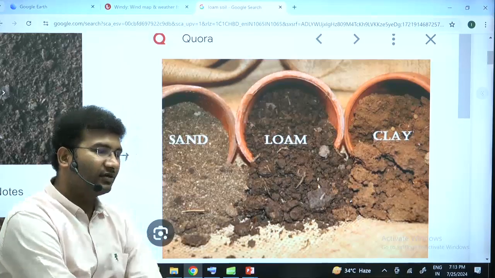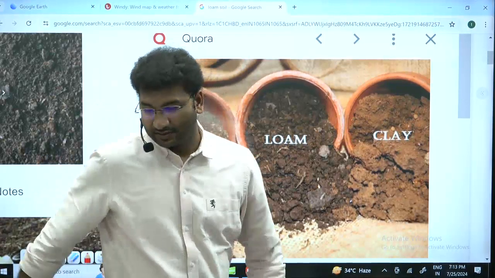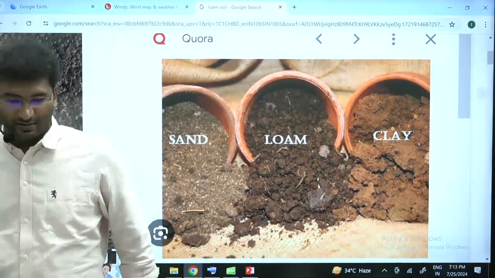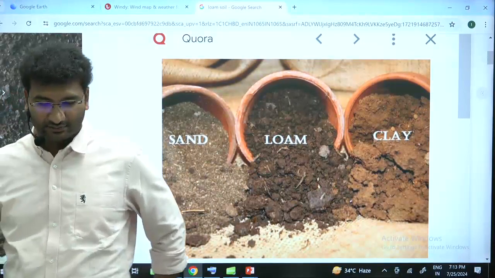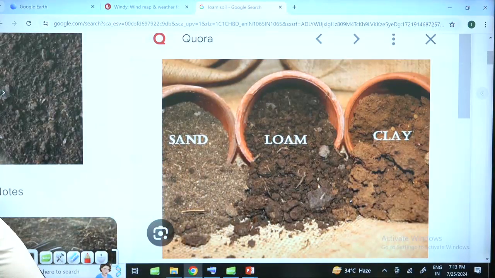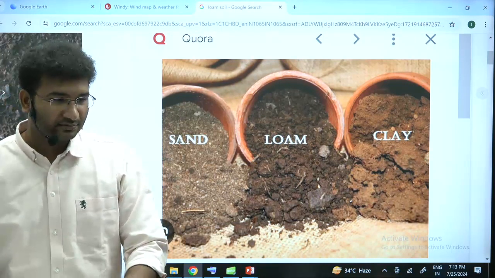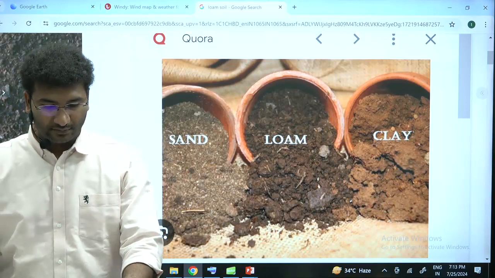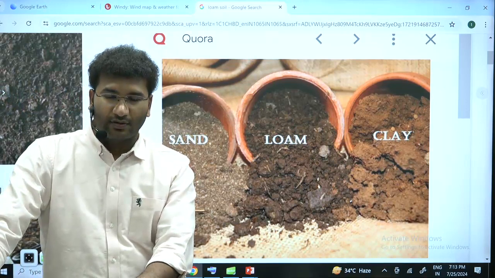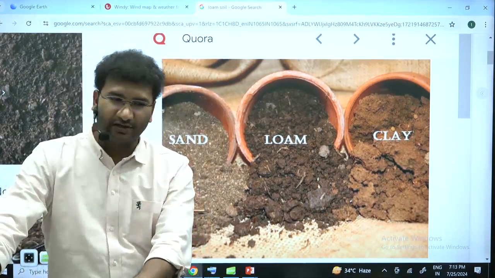It is present in the northern parts of Bihar, the southern part of Uttaranchal, and coastal areas of West Bengal, Odisha, and Tamil Nadu.